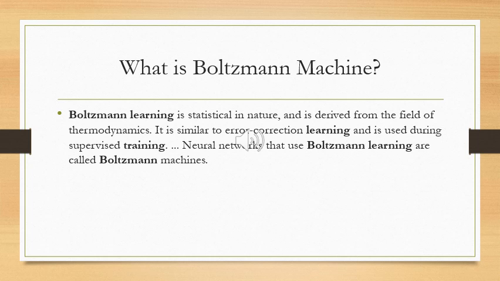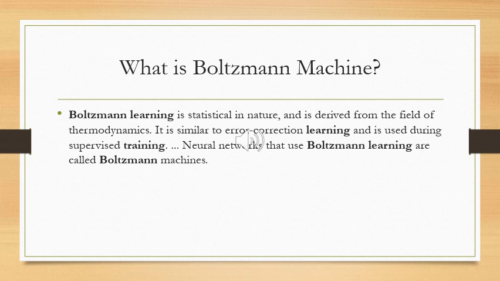It is normally said that it was first invented in 1985 by Geoffrey Hinton, a professor at the University of Toronto. He is one of the leading figures in the deep learning community. We call him the godfather of deep learning.